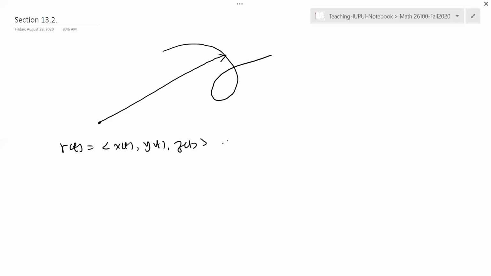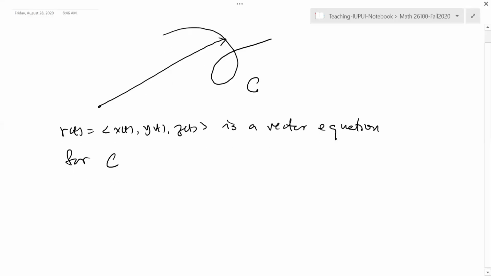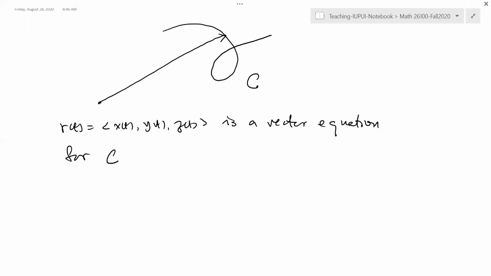This is a vector equation for this curve C. Now, I say a vector equation because for the same curve you can have many vector equations to describe it. Imagine a moving object along the curve.